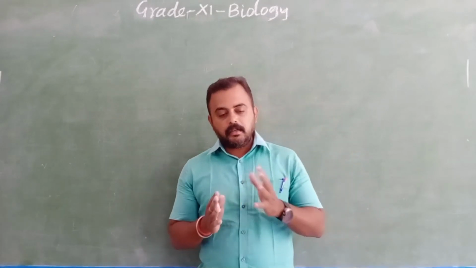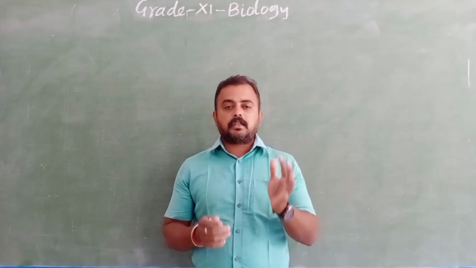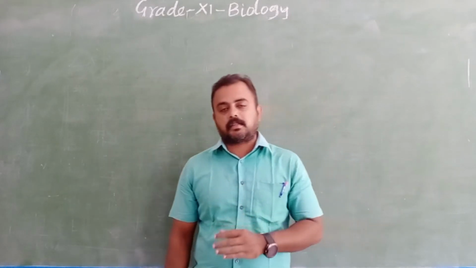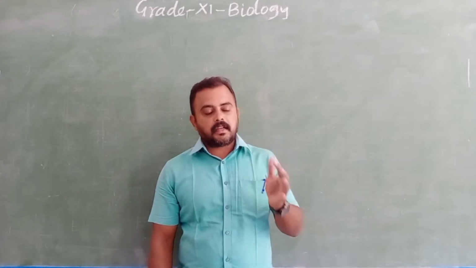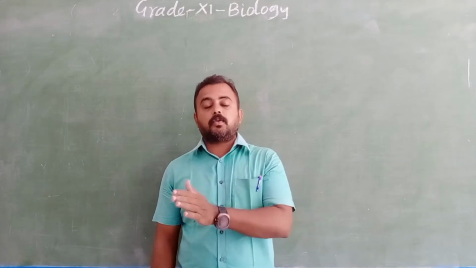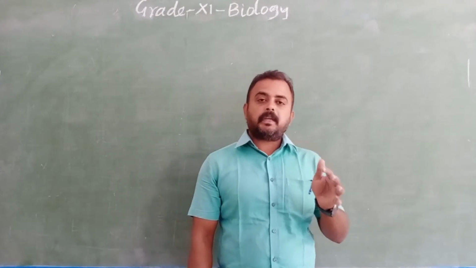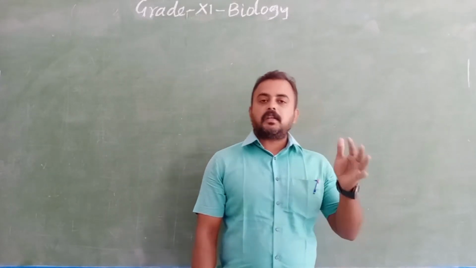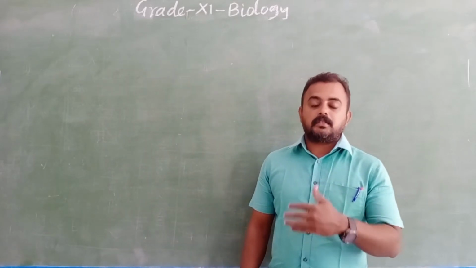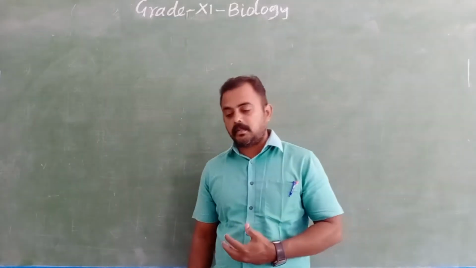Then we started the generation and conduction of impulse, how it is generated and conducted from one neuron to another. That topic we started but did not complete. Today we are going to complete it.